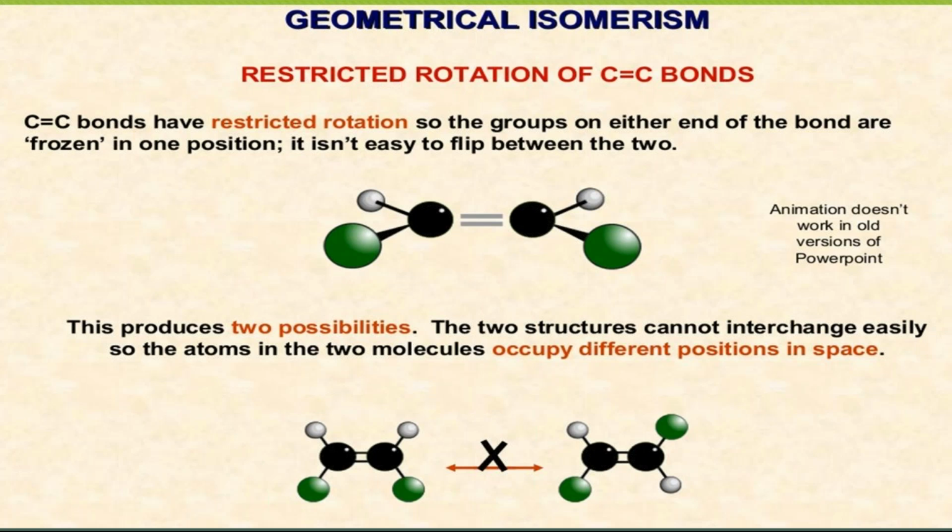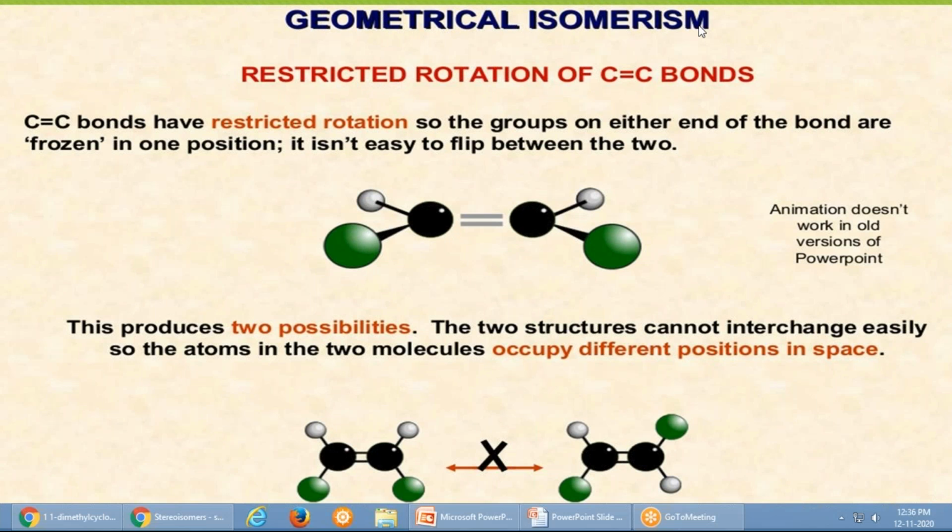The two structures cannot interchange easily, so the atoms in the two molecules occupy different positions in space. Why will the atoms be arranged in different positions in space? Due to the restricted rotation, we have the possible cis and trans isomers.